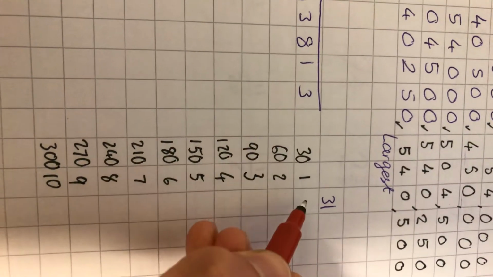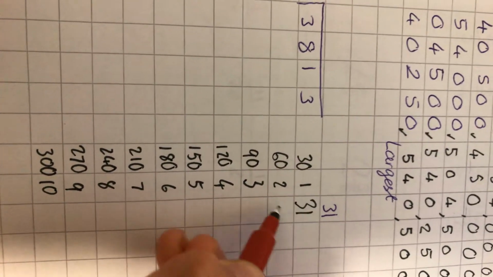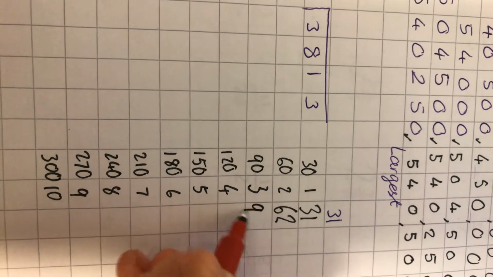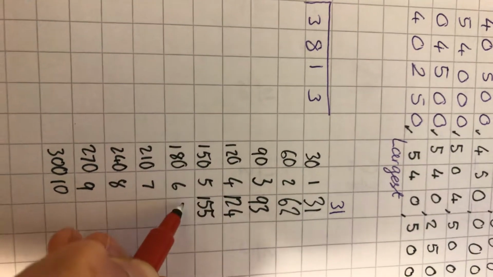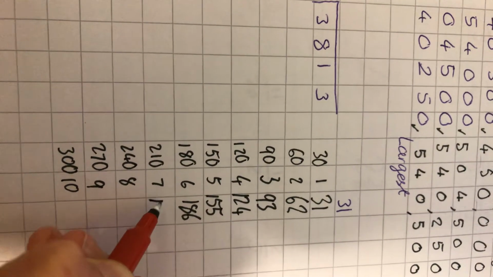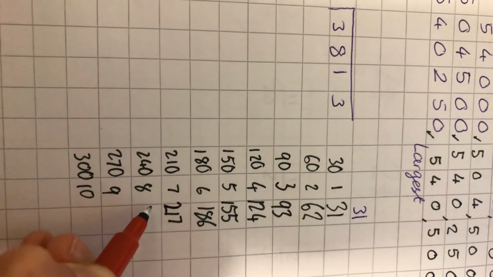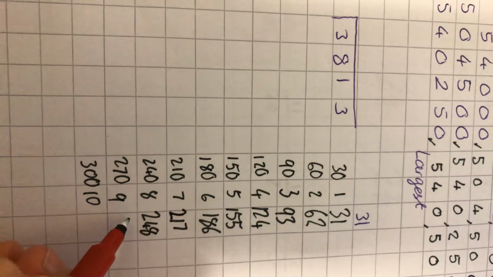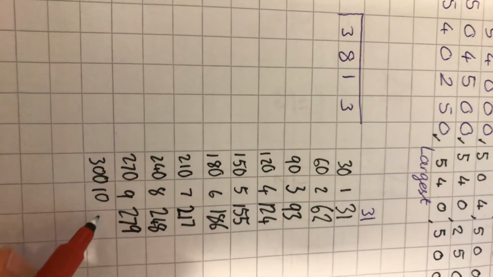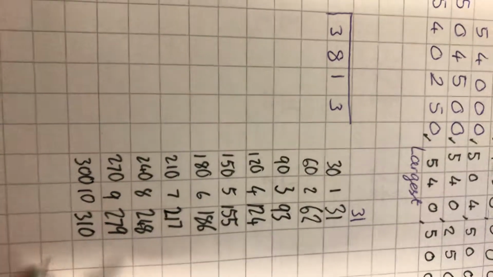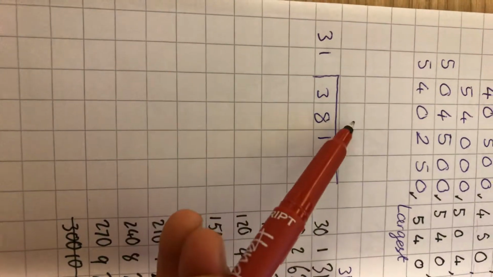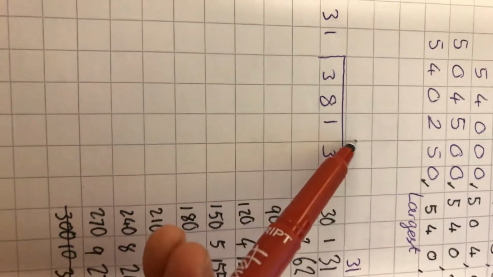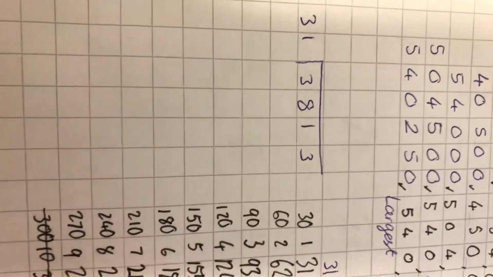Then if I add those together, I get the 31 times table, so 31, 62, 93, 124, 155, 186, 217, 248, 279 and 310. Now remember, we're never going to need 10 times on here. If we ever need to write a digit more than 10 up here, unless it's a remainder, something's gone wrong.